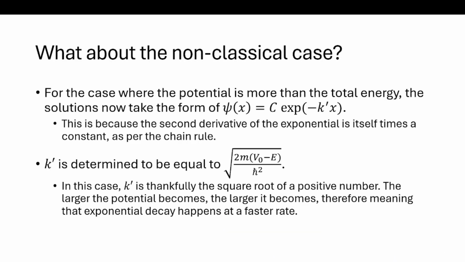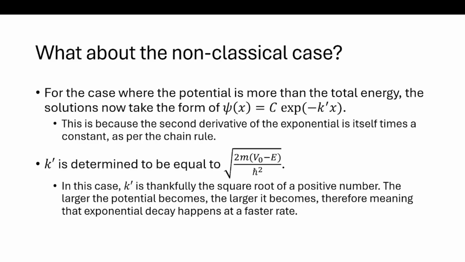But for the non-classical case, where the potential is more than the total energy, we have to use a different wave function form. Instead of a combination of sine and cosine, we have to use an exponential function. exp, if you don't know, is just e raised to the power of whatever's in the parentheses.